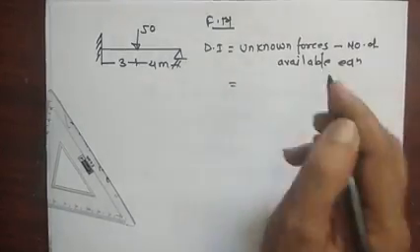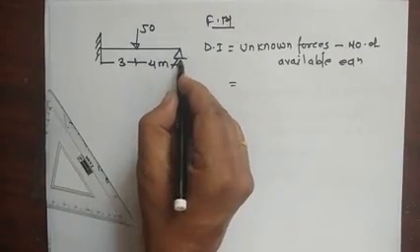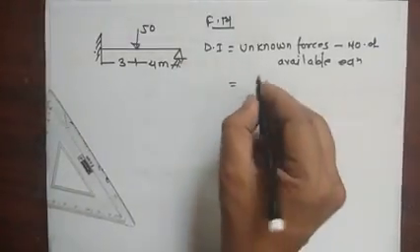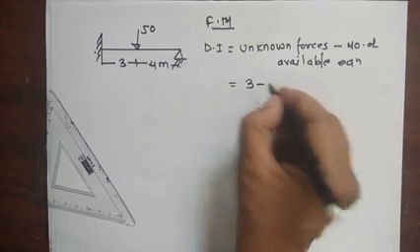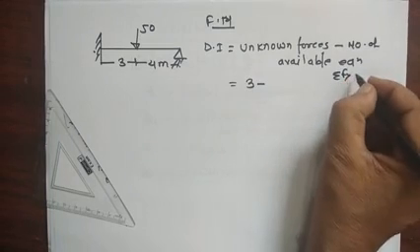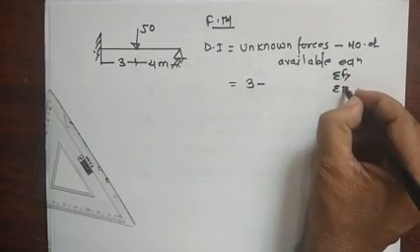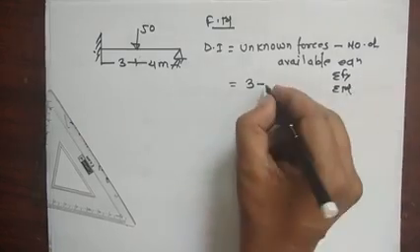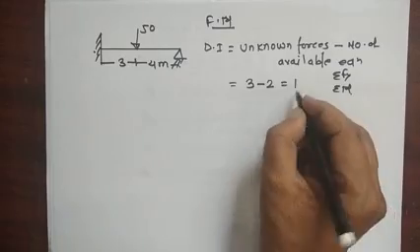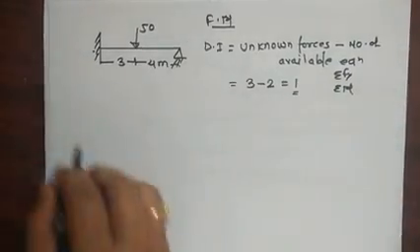Here unknown, if you neglect the horizontal force because this load is vertical, so 2 unknowns here and 1 is here, so unknowns are the 3 and the available equations are the sigma Fy and the sigma M, because we neglect the horizontal force. This is 2, so DI is 1. It means we have to release the 1 force from here.